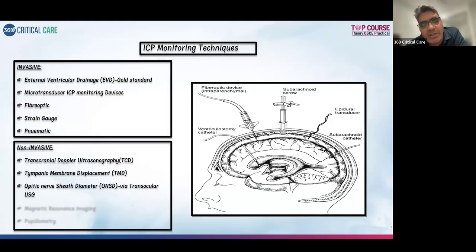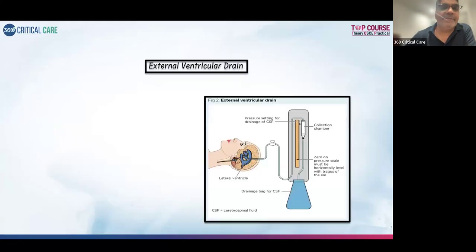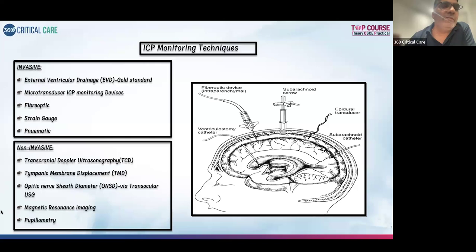We know there is a normal optic sheath diameter and a range, but it is very operator dependent and practice dependent, and it is not a continuous measurement you can see on the monitor. Every time you have to do it intermittently. MRI gives indirect evidence of brain edema and brain tightness, and pupillometry is again indirect, looking at the pupillary size. So these are the non-invasive modalities.